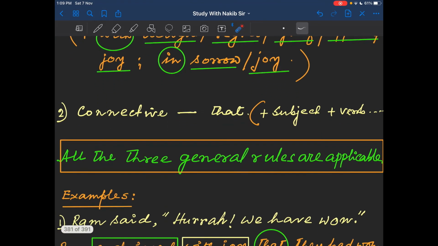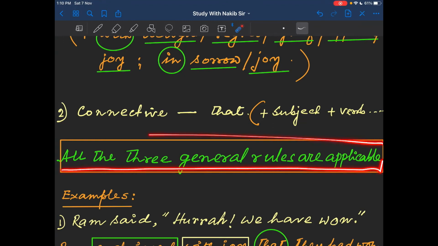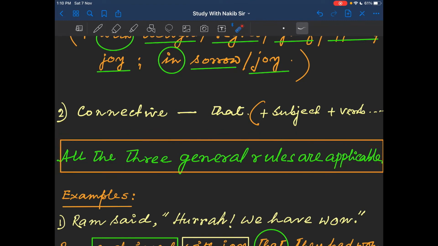Rule number 3 is about the change of pronoun of the reported speech in the indirect narration, rule number 4 is about the change of the reported verb, and rule number 5 is about the change of other words of the reported speech. So all these 3 general rules are applicable, as they are always applicable in every type of sentence.